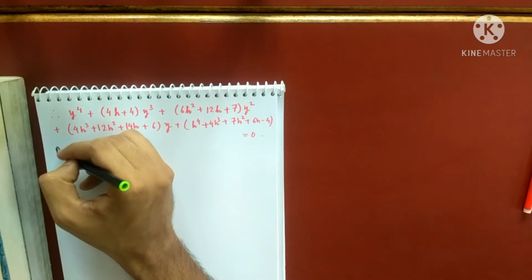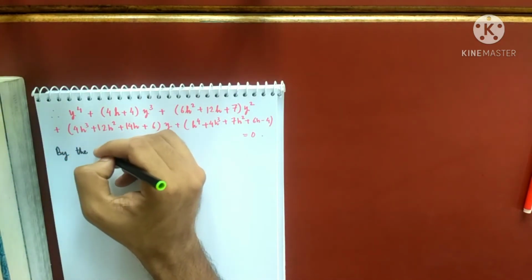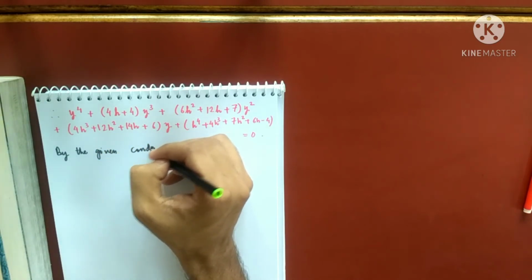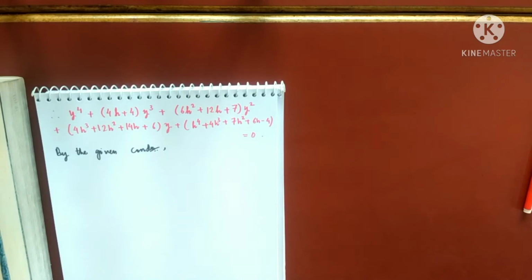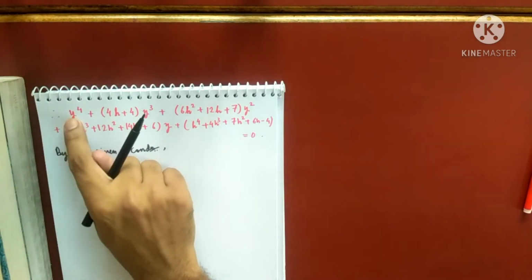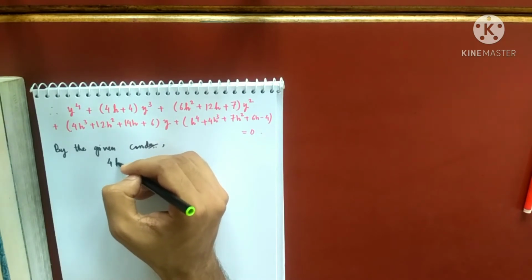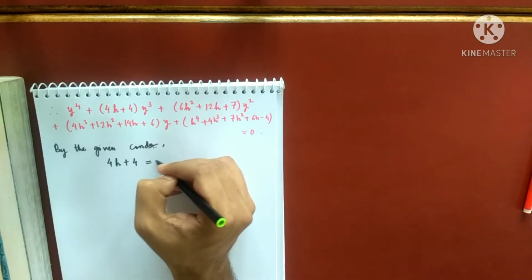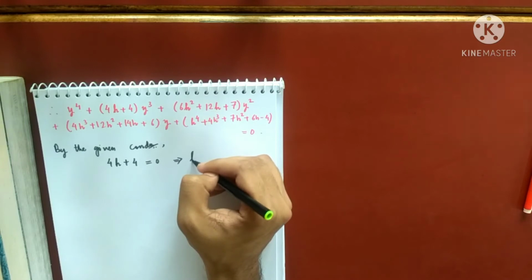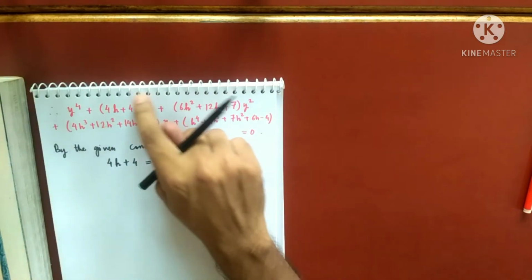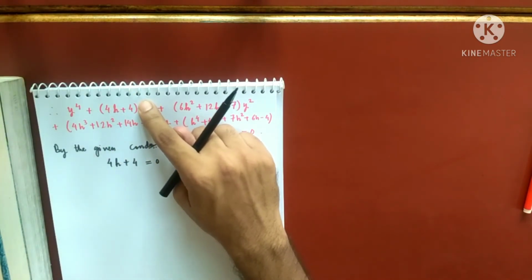So by the given condition, what I wanted, that I do not want the second term. That means I do not want this term. That means this coefficient should be equal to 0. So that will imply h equals to minus 1. Because I do not want the second term, that means I don't want the x cube or y cube term.